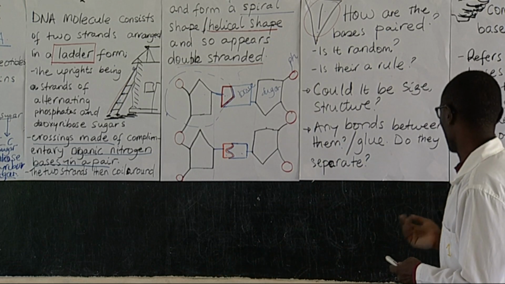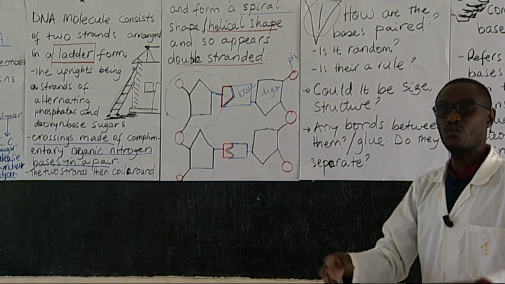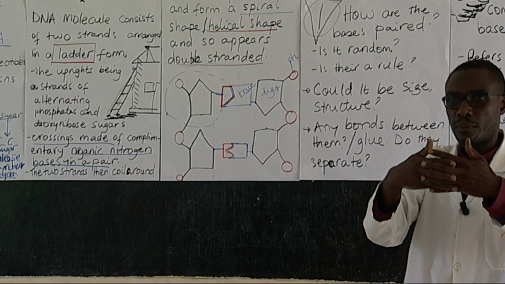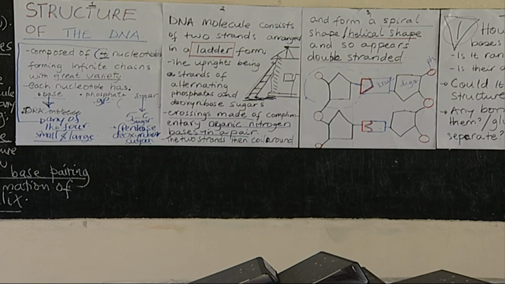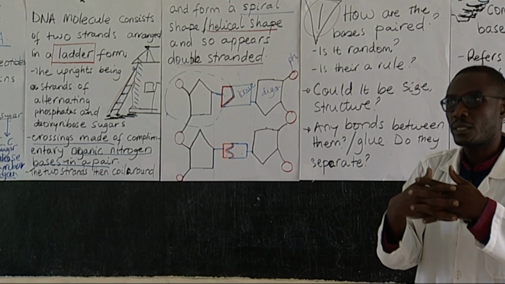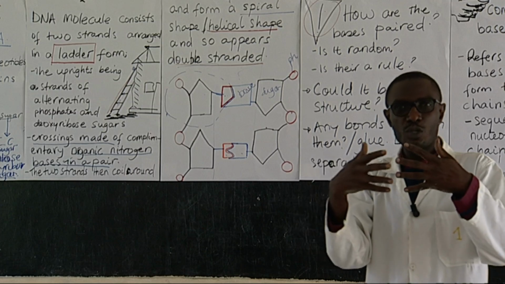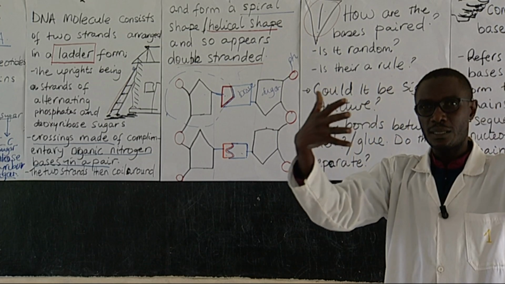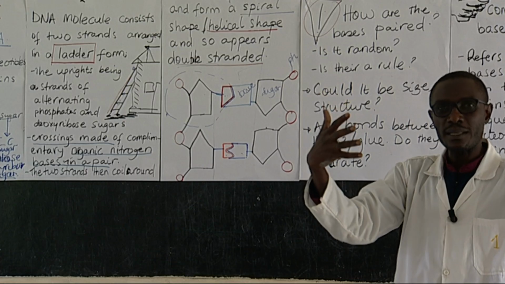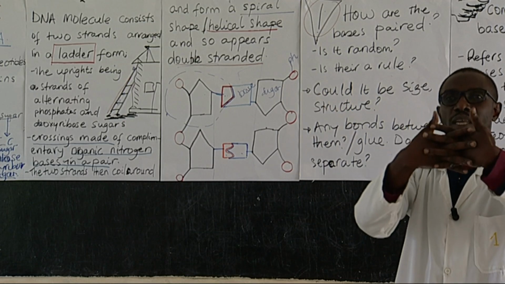Is it also possible that maybe there could be certain forces that hold them together? And if these forces are holding them together, are they always permanent? Are there situations where they are going to separate, like the way I'm removing my hands, the fingers separating from others, or they permanently remain interlocked?